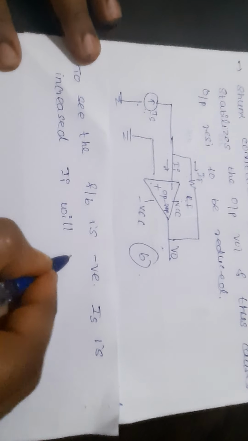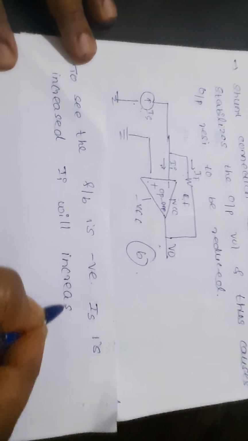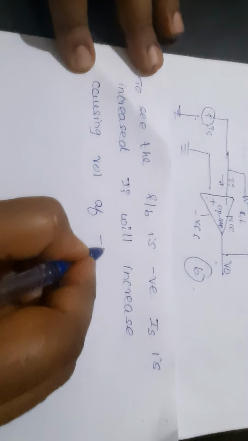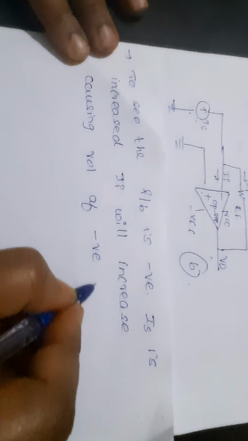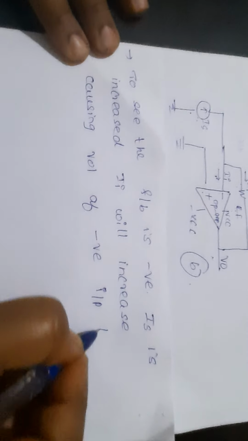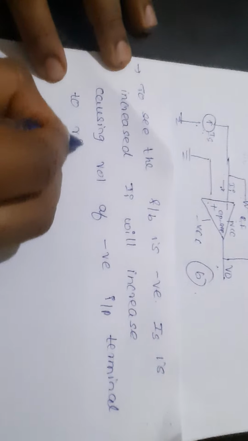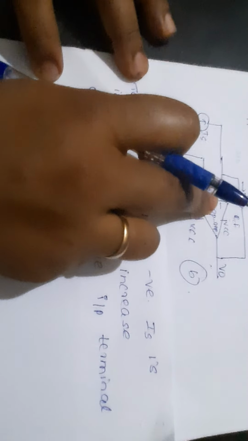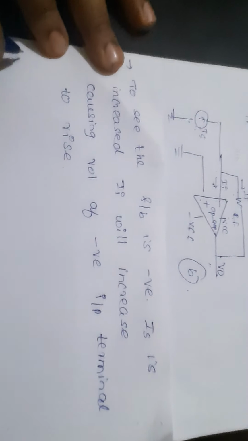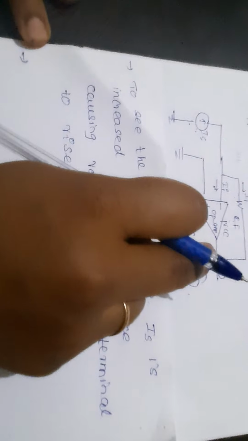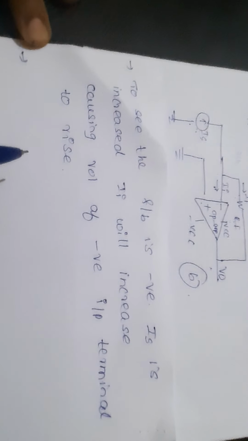II will increase, causing the voltage of the negative input terminal to rise. And this is increased, the voltage at this point will increase. So what will happen next? The output voltage will reduce, causing the increase in IF.